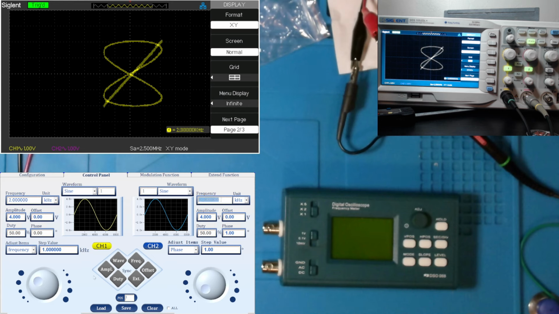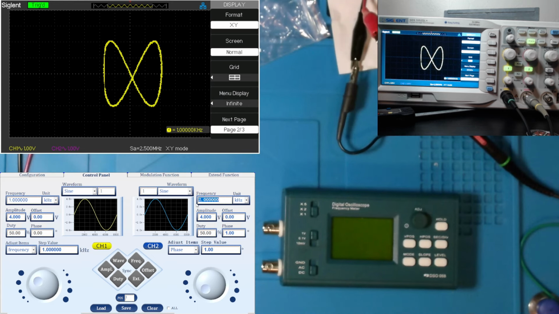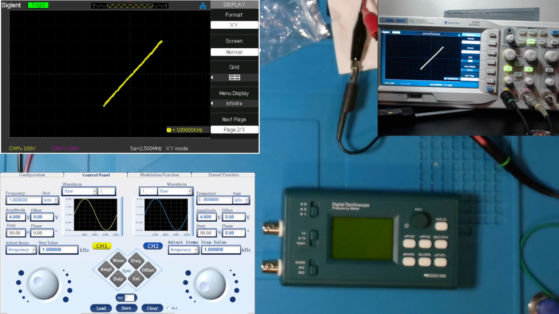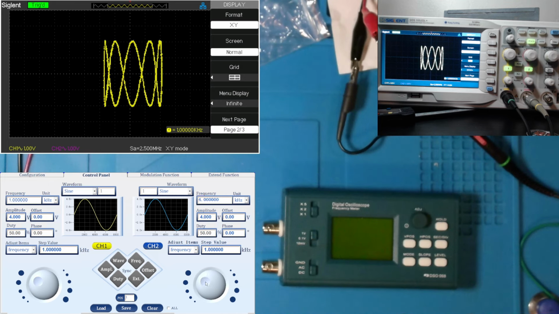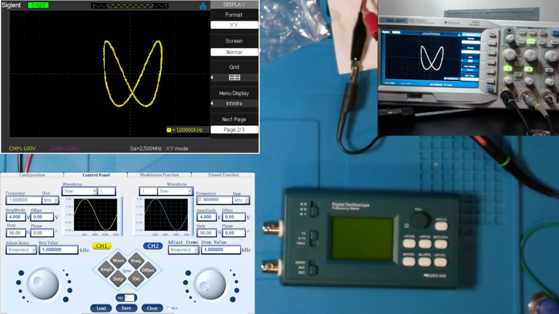And we could do the same thing over here on channel 2 as well. Let's see what occurs. All right, let's change this to 2000 hertz. I was doing something a bit weird there at first.